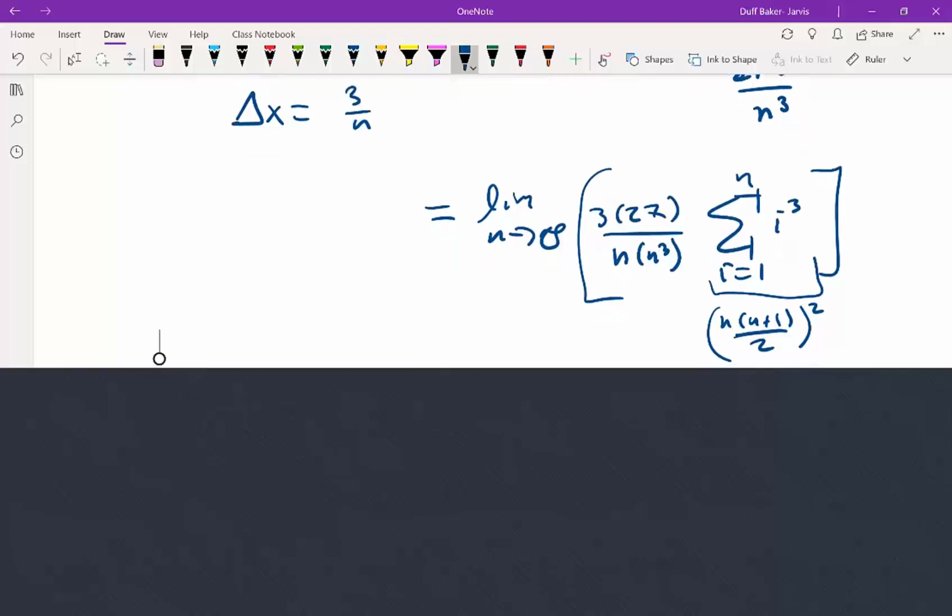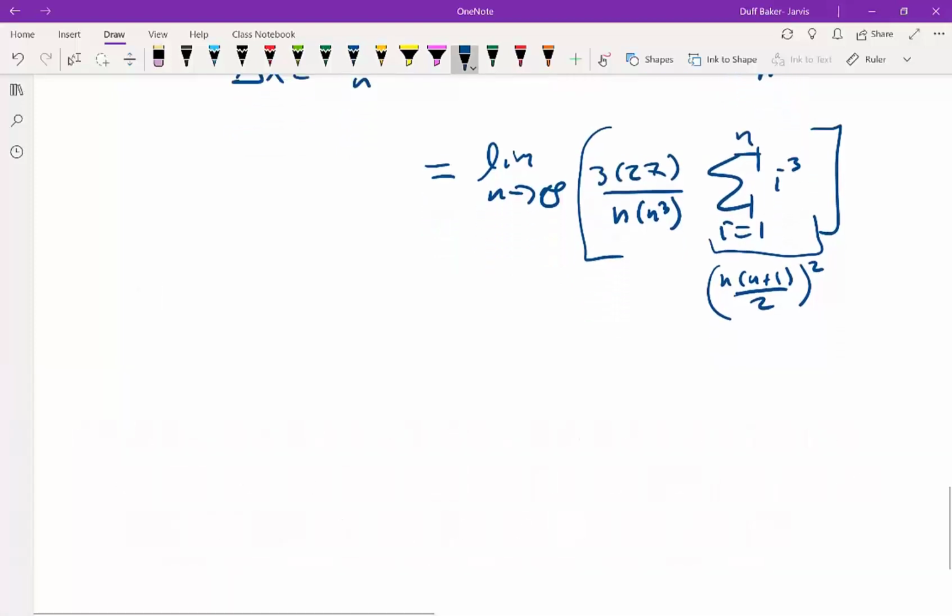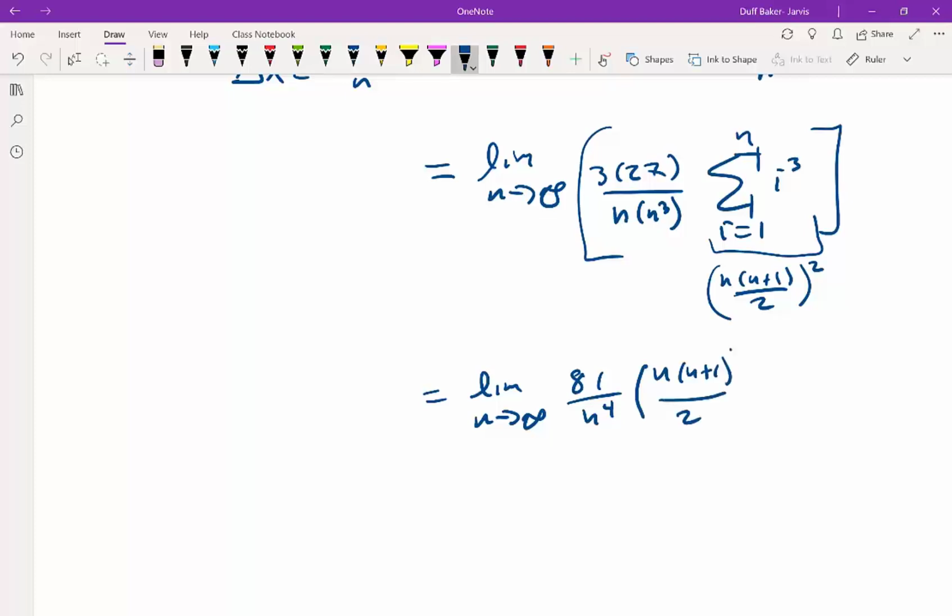Okay, so if we use that here, so let's see, 3 times 27, that's 81 over n to the 4th. We're replacing this, and now that's just exactly what it says, n times n plus 1 over 2 squared. Okay, so now our limit doesn't involve any sums.